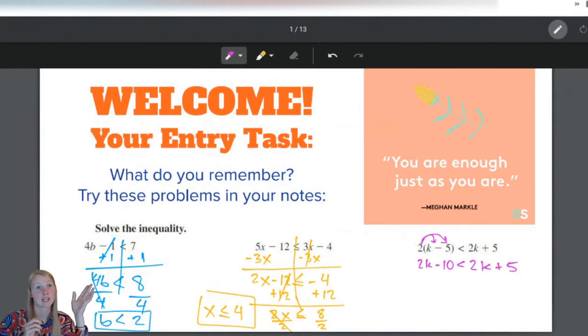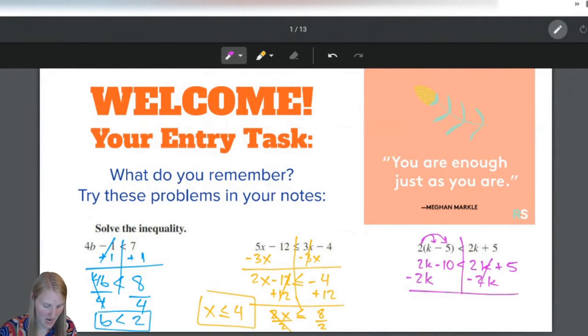Again, I have k's on this side and k's on that, so I'm going to have to move them. In order to move this 2k, I need to subtract it from both sides. That'll go away, and it also goes away over here. 2k minus 2k is 0. So that leaves me with negative 10 less than 5. Is that true?